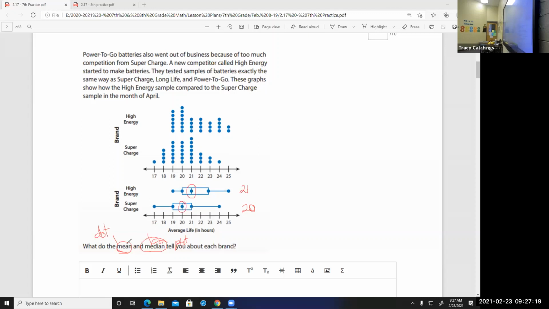All right, so then that means we need to find the mean of the dots. So let's look up top. This is 19. How many dots do we have above 19? All right, looks like about 6. So multiply that by 19.